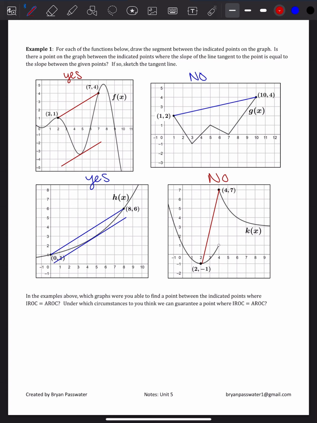So in the examples above, one of the things that we may notice is when it works and when it doesn't. When we are looking at these values, something that we needed was that the first and third graph are what we call differentiable. They are continuous functions.